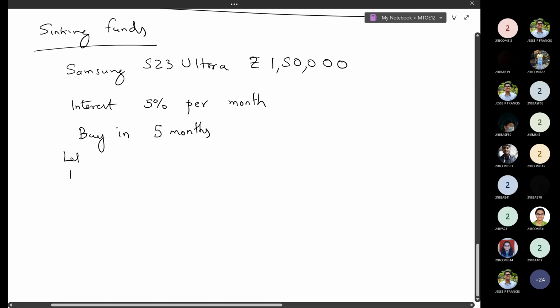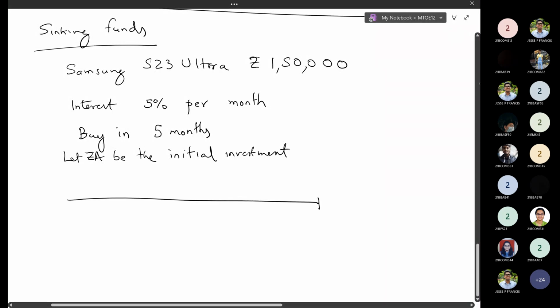So let A be the principal or initial investment. The word we haven't confirmed yet. You guys have to tell me. Investment. We are investing rupees A, and let's draw the timeline. We are going to invest for 5 months. In 5 months, we are going to buy.